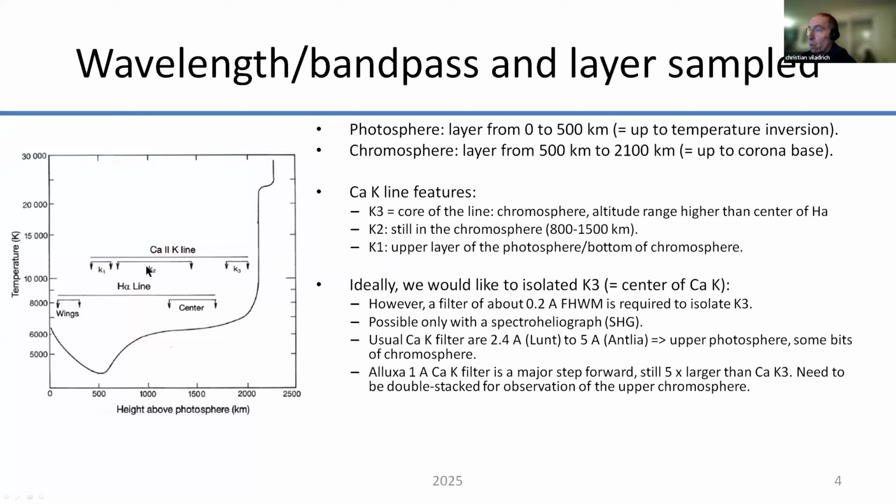If we go away from the center, here we go from the bottom of the chromosphere to the mid chromosphere. And if we go still further away, basically we see the upper photosphere. So depending on the bandpass, depending on the wavelength, we see different layers in the chromosphere or in the photosphere.